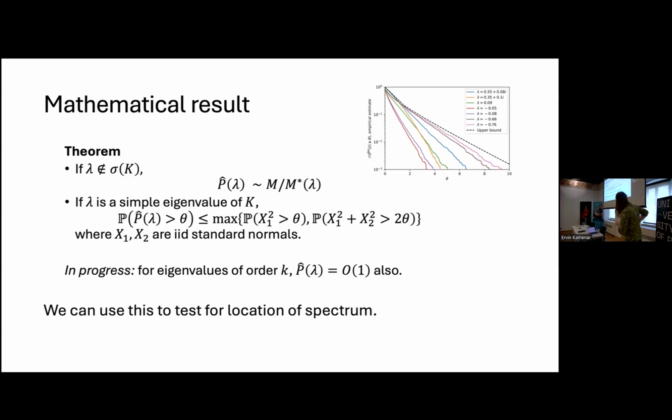That's one possibility. The other possibility in our dichotomy is that lambda is an eigenvalue of K. I can prove to you that under some reasonable assumptions, mostly to do with positive definiteness, we have a bound on the distribution of P of lambda. It's going to stay of order 1, distributed like a normal distribution squared, or half a chi-squared distribution with degree 2.